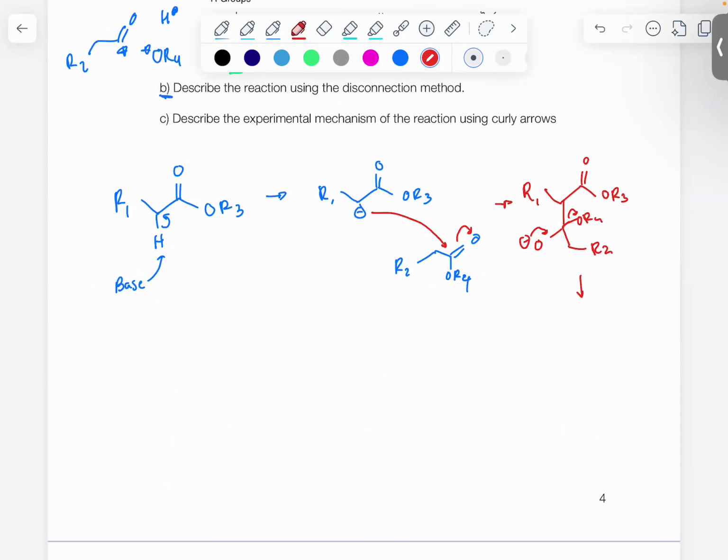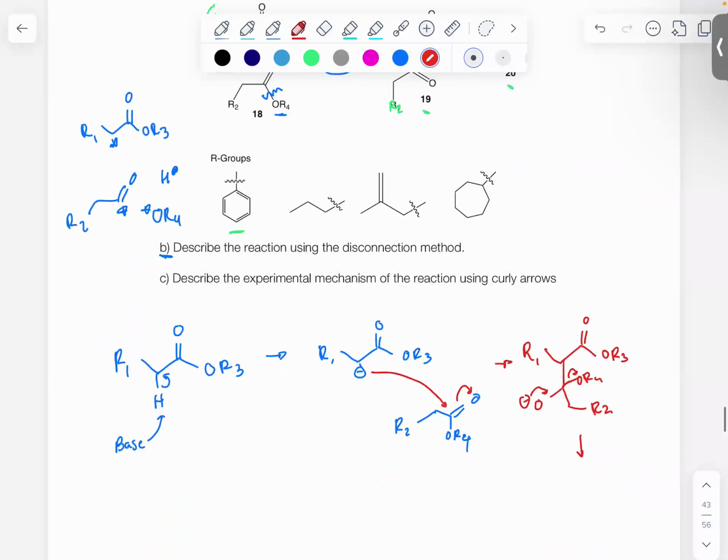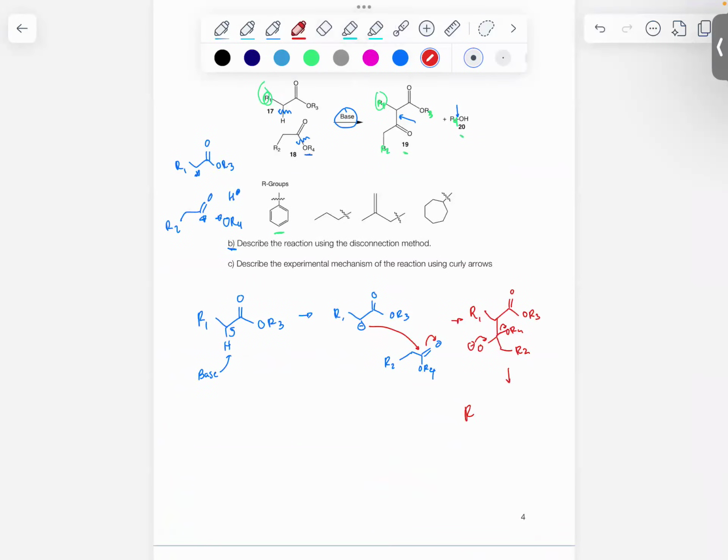And that will give us our final product, but not all of our final products, because our leaving group will be negatively charged, and we need to restore our catalytic base that we formed in this first step here, and we can do that here.